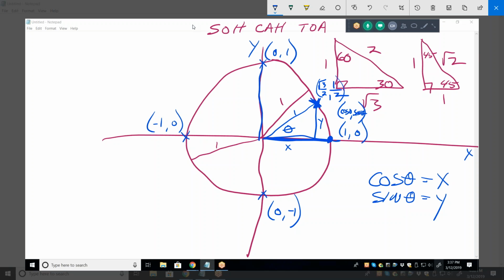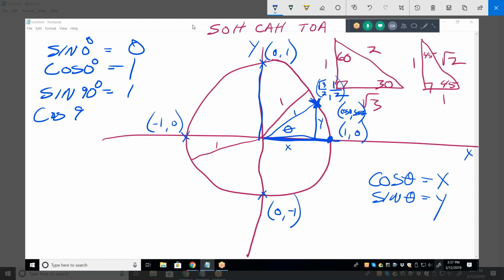So tell me what the sine of 0 degrees is based on that. What's the cosine of 0 degrees? What is the sine of 90 degrees? And the cosine of 90 degrees. Okay, so from that, you're going to be able to figure out the cosine and sine of all your common angles in the first quadrant, and you're going to be able to figure out your sine and cosine of all your quadrantal angles, which are multiples of 90.